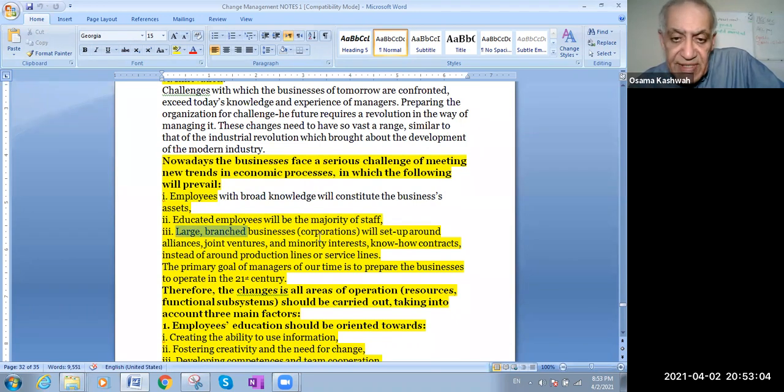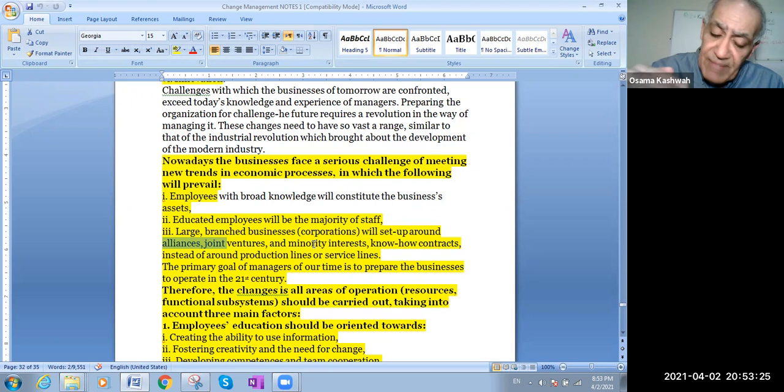Large branched business corporations will be set up around joint ventures and alliances, because it's like the big fish will eat the small fish. So merging and cooperation between big companies, the giants, will stand and will last.